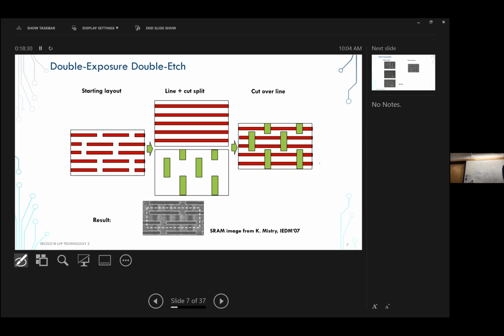The thing here is more cost. To do this, they need to make two masks instead of one. There's also a loss in throughput because they need to run two steps instead of one. That slows down the overall turnaround time to get the wafer back.